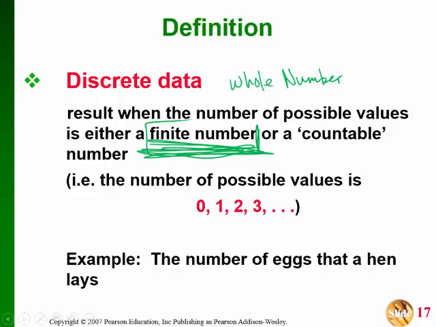The number of people in a household. The number of students. Usually when they say the number of something, you're counting it. And you're usually counting a finite number, so that's discrete data. No fractions.